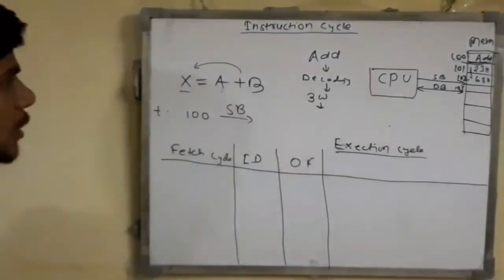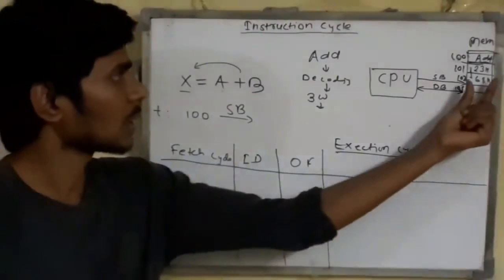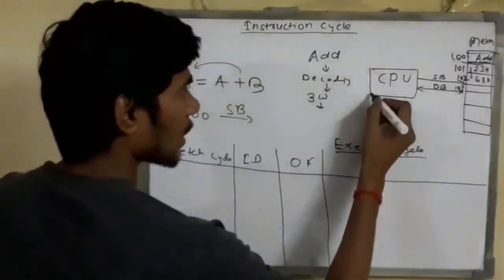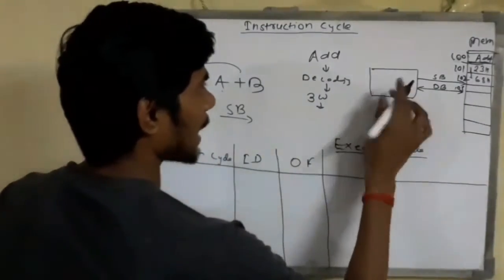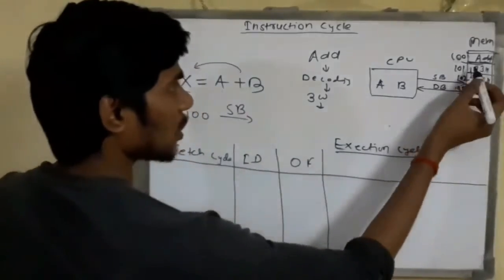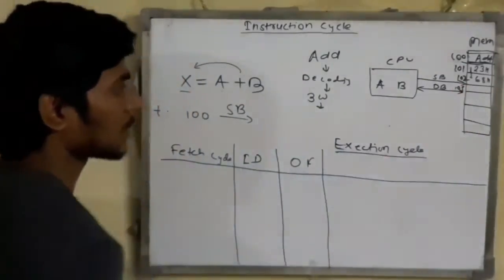We fetch the remaining operands from the memory. Now within the CPU we have A and B available, and we already know that the instruction is of type addition.